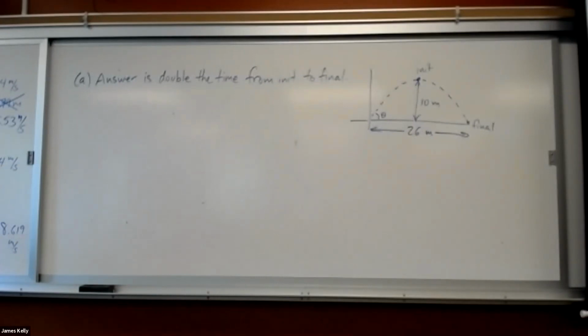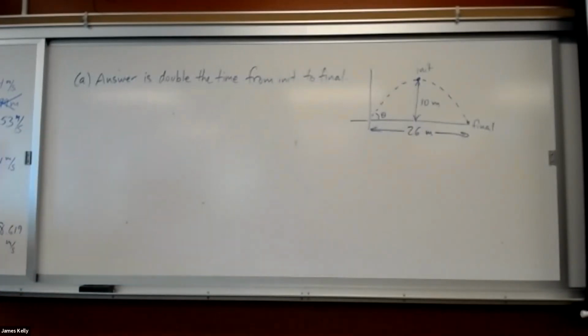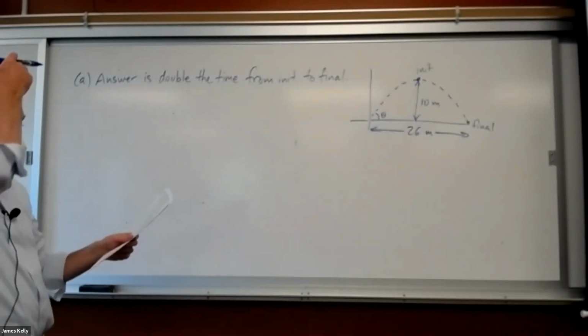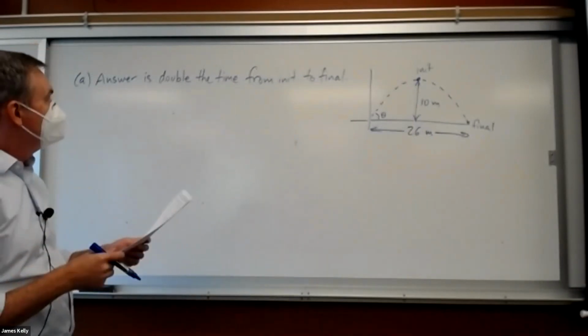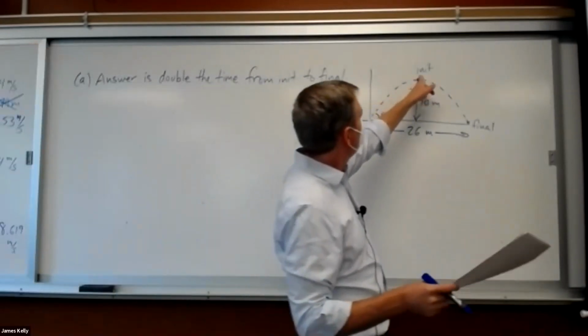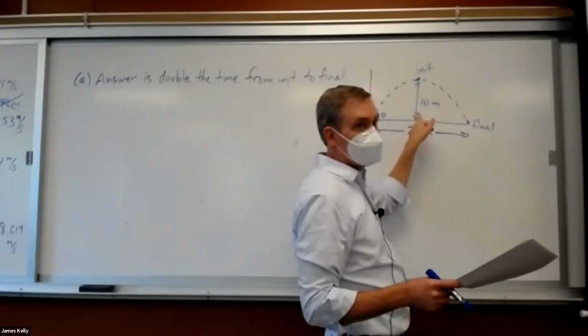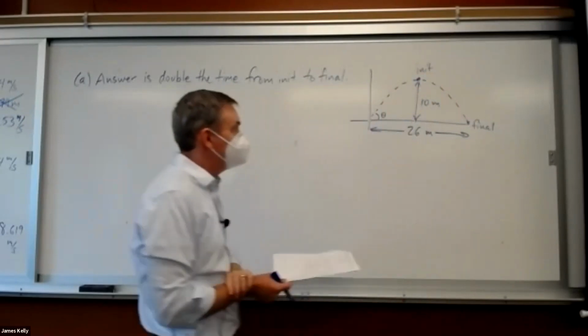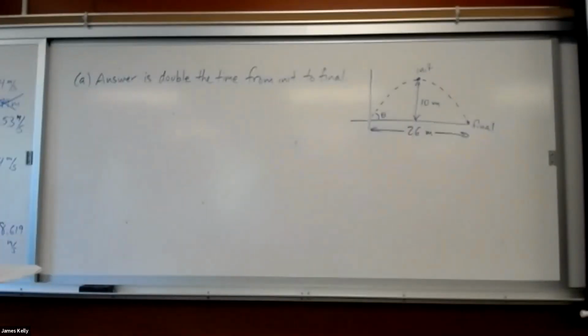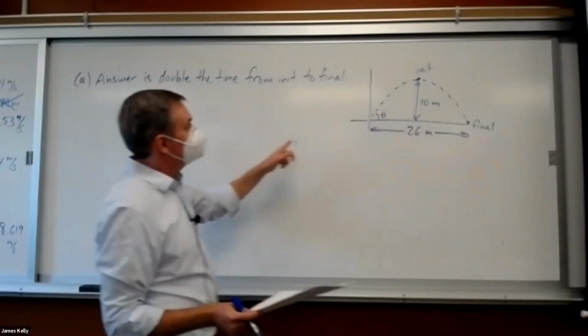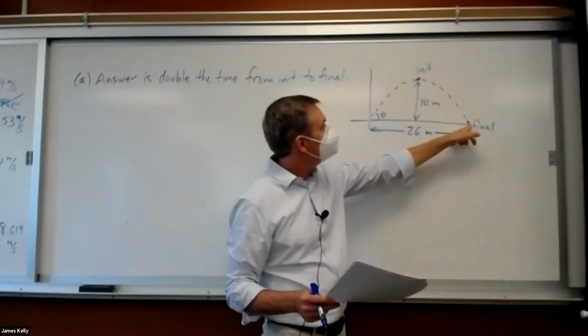All right, let's finish up together here. If you're following what I'm saying, you might have had enough time to do A now. I got 2.857 seconds. The idea is I've chosen my initial to be here and my final to be there, so I can use this 10 meters. I want to know the time this ball is in the air between the kick and hitting the ground.